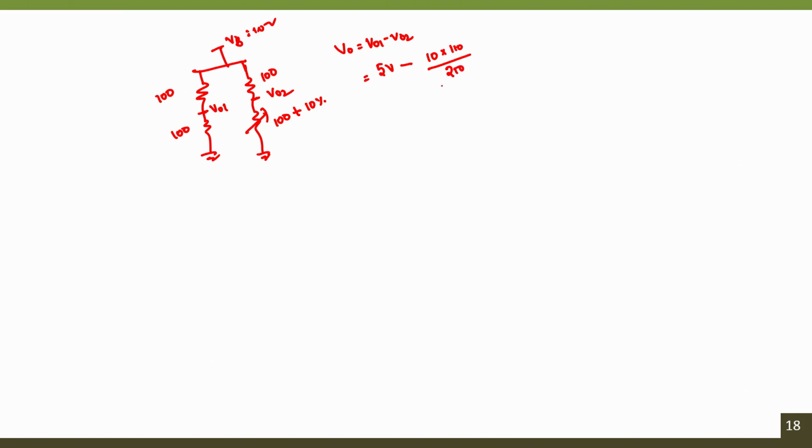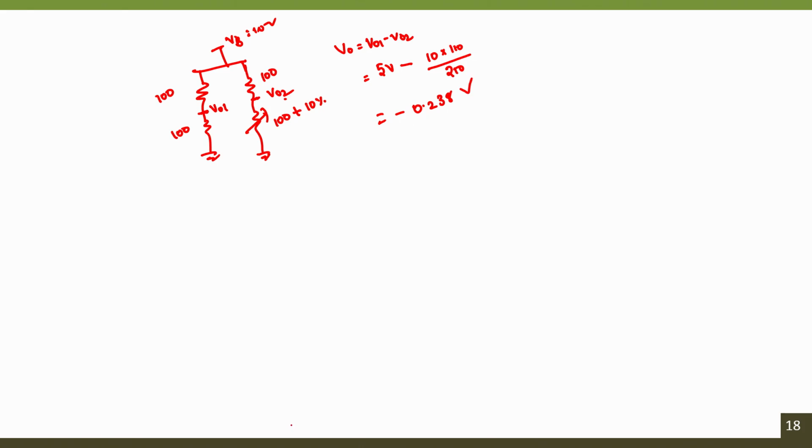Solving for this, we get minus 0.238. This is negative because we are measuring between VO1 and VO2. If we measure between VO2 and VO1, then this will be positive.